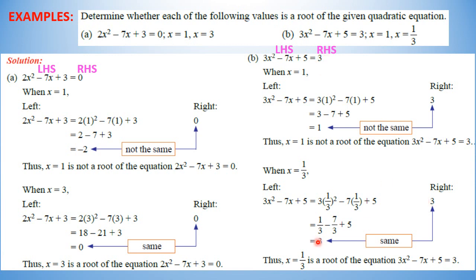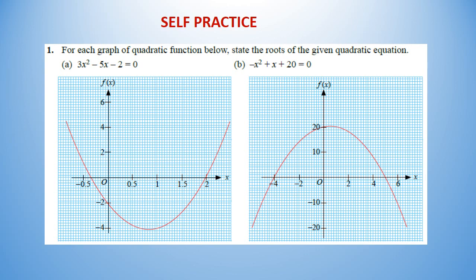If you compare with the right hand side, also 3, right? So since the left hand side and right hand side have the same value, x equal to 1/3 is a root of the equation. So that means it must be balanced. The left hand side and the right hand side must have the same value, only then is it a root of the quadratic equation.